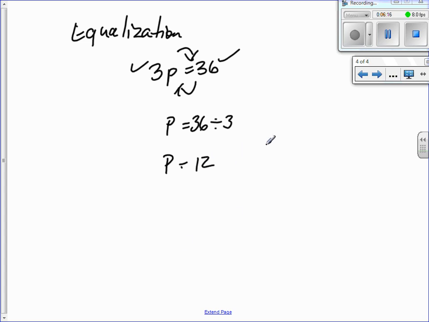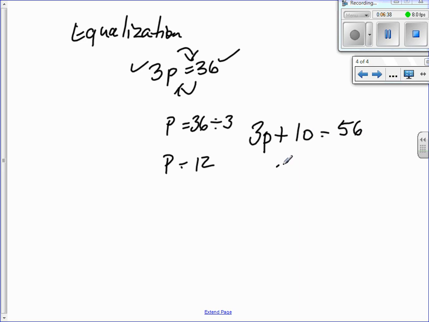Now, to make it a little more complicated, if your equation was 3p plus 10 equals, and I'm just making this number up, so I haven't pre-planned it, 56. Well, you want to eventually get down to what p is, and you want to have all the numbers on that side.